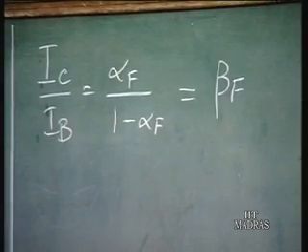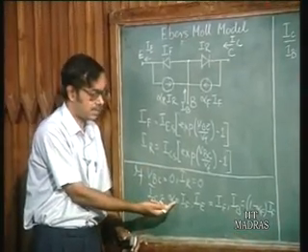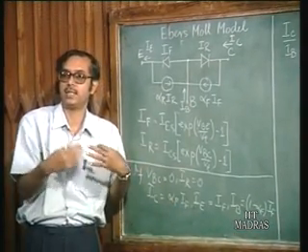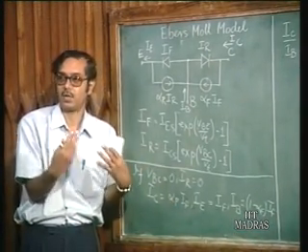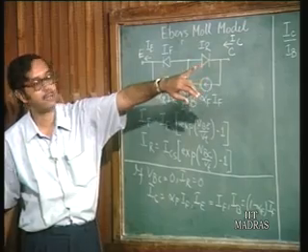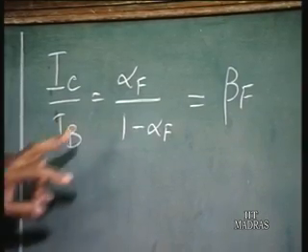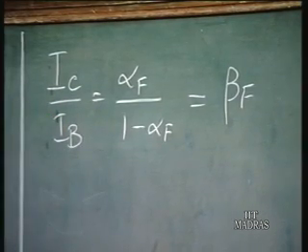So, in this condition, when IR is equal to 0 or VBC is equal to 0, we are in the forward mode of operation, and we have beta f, the common emitter current gain, as the ratio of collector current to the base current.